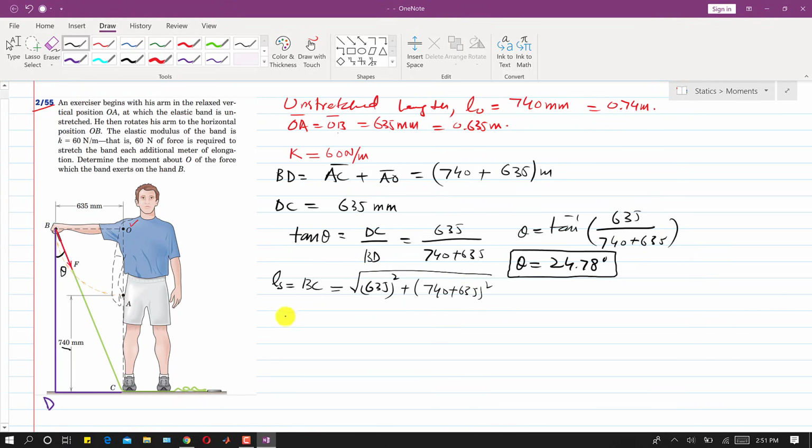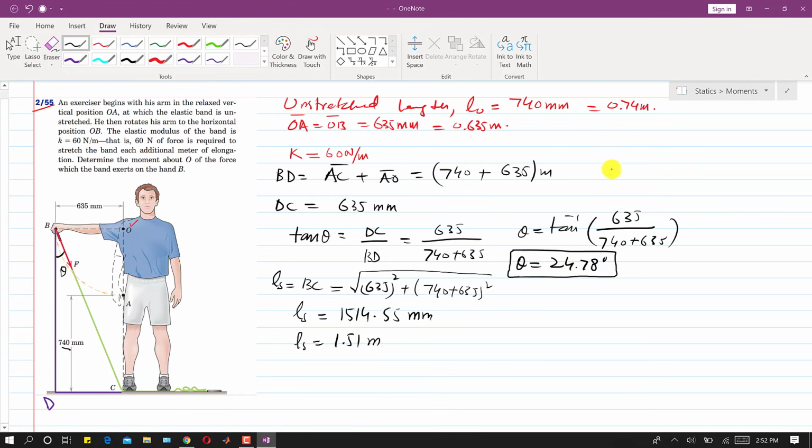This will give us the stretch length, 1455 millimeters, right? If you want to convert this into meters, we divide it by 1000, so this will be 1.51 meters. So this is the stretch length.